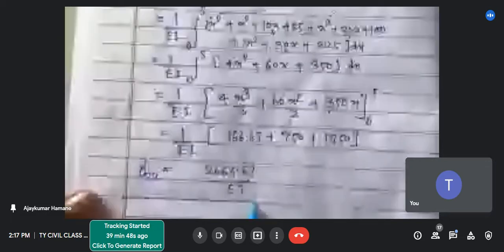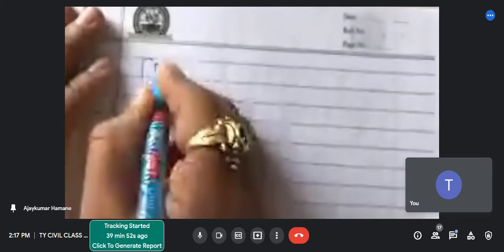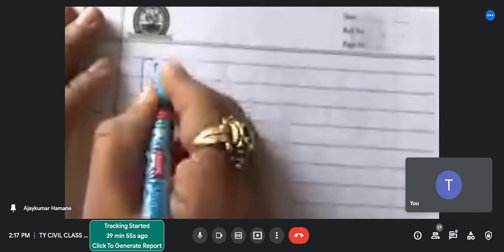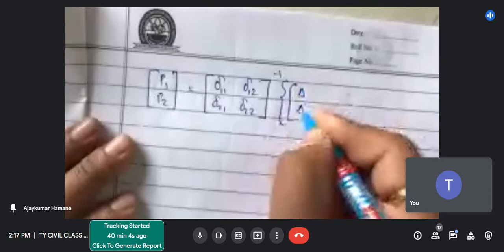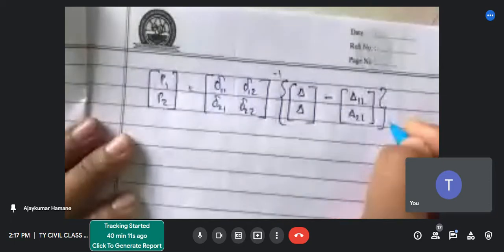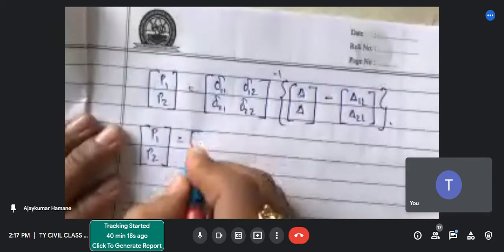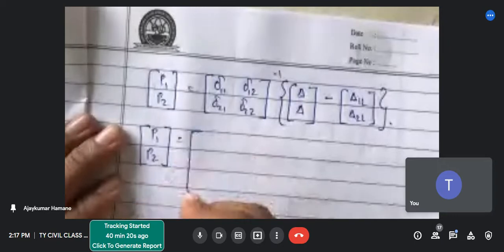Now all the deflections. Now it's very simple. P, delta 1 1, delta 1 2, delta 2 1, delta 2 2, inverse of matrix, displacement at the coordinate minus delta 1L, delta 2L. So P1 and P2 is equal to, we'll take the bigger one.